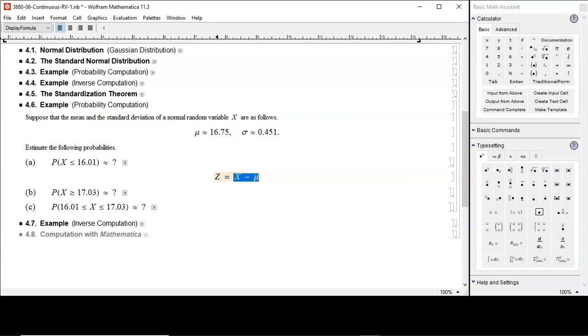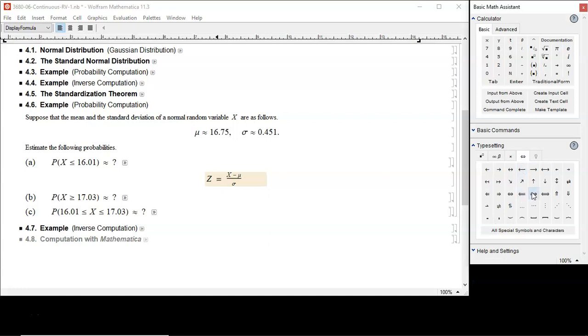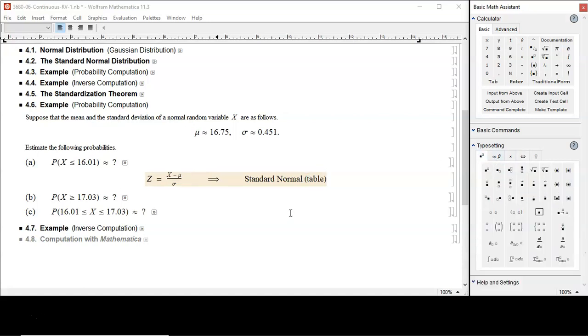If you do this x minus mu over sigma, then you're going to get the standard normal, and you can use the table. So let's go ahead and do that.